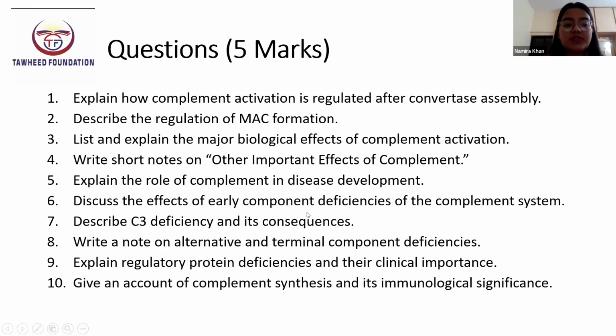Sixth, discuss the effects of early component deficiencies of the complement system. Seventh, describe C3 deficiency and its consequences. Eighth, write a note on alternative and terminal component deficiencies. Ninth, explain regulatory protein deficiency and their clinical importance. Tenth, give an account of complement synthesis and its immunological significance.